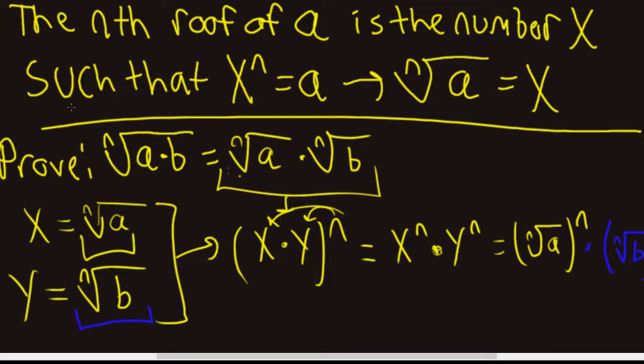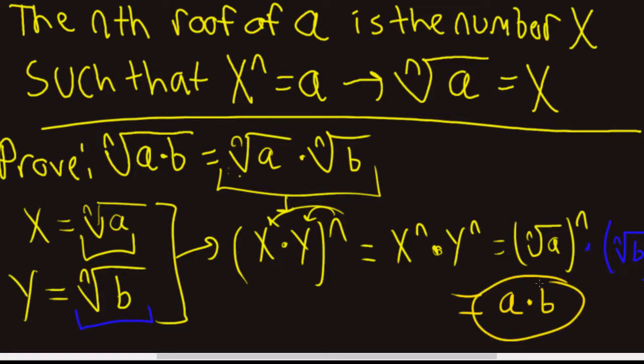It should be clear to you what's going to happen next. Well, the nth root raised to the nth power is just going to get you a. And the nth root of b raised to the n power is just going to get you b.